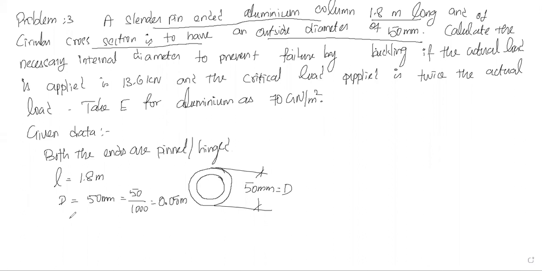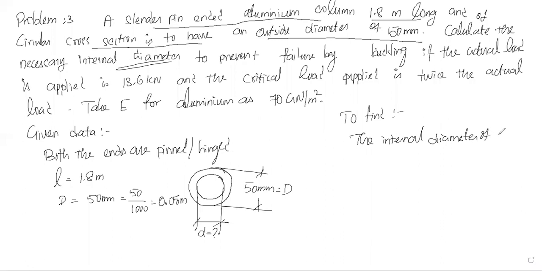Okay, next calculate the necessary internal diameter. So small d is equal to how much? That only they are asking. So to find the internal diameter of the column, small d is equal to how much?